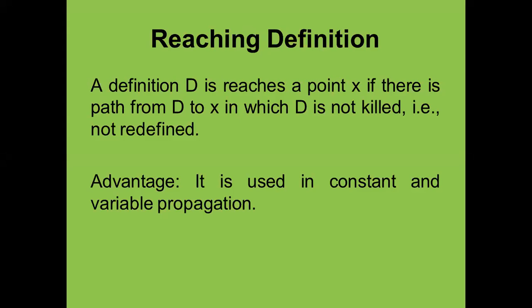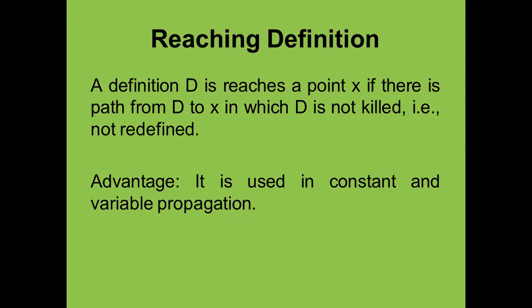A definition D is said to reach a point X if there is a path from D to X in which D is not killed, that is, not redefined. If we are not going to redefine the expression. We will understand it better in the coming example.